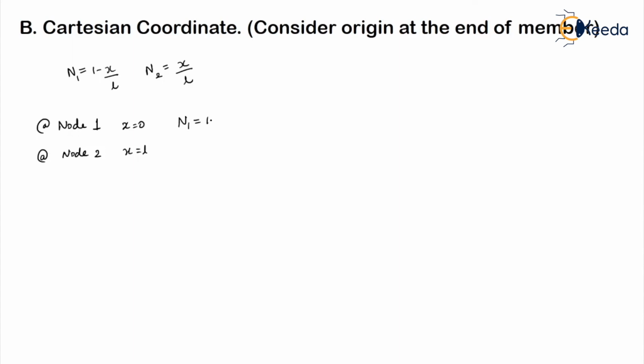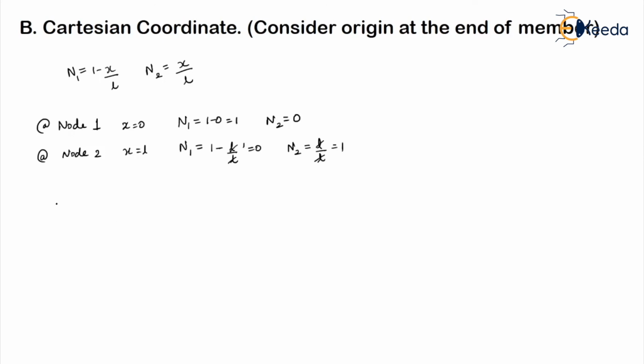N1 is equal to 1 minus 0, that's nothing but 1, and N2 will be equal to 0. Substitute 0 in this, right? Here you should substitute L. So if you substitute L, N1 will be 1 minus L by L. L by L will be 1, so 1 minus 1 will come up to 0. And what will be the value of N2? That will be L by L, so it will be 1.